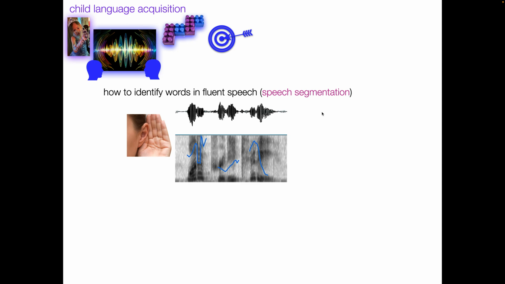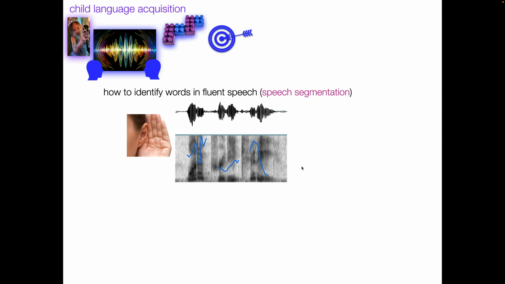young child. So, for example, you might be interested in learning how to identify words in fluent speech, which is sometimes called speech segmentation. The actual physical signal, say in a spoken language, is this auditory wave that's hitting your ear.